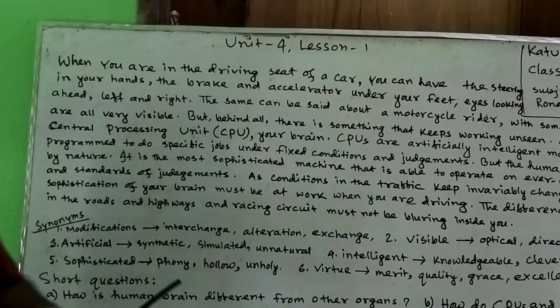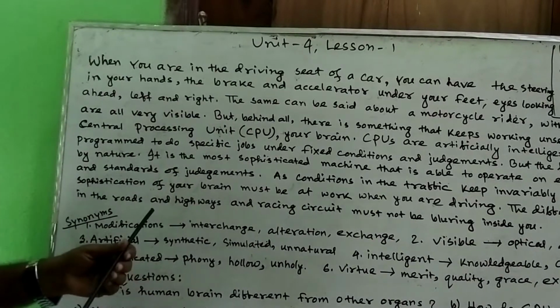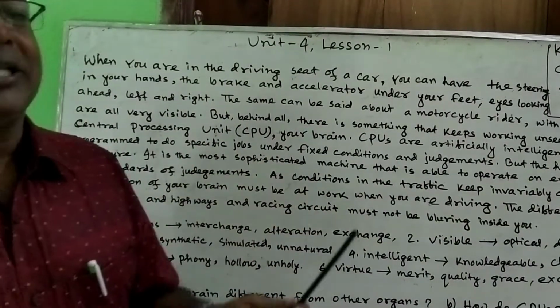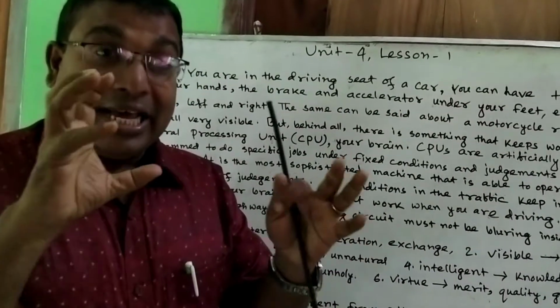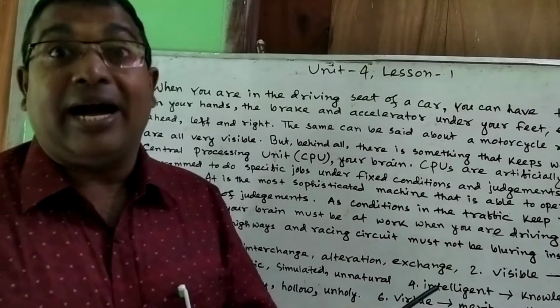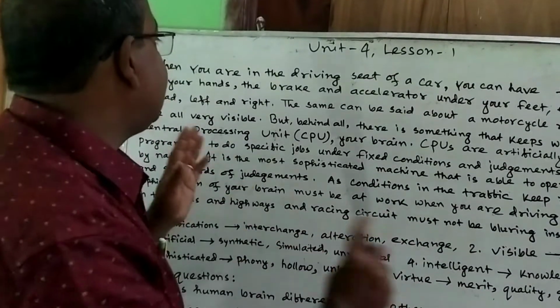That means when you are in the driving seat of a car, you must have some essential things that are required to control and to drive a car. The first thing is steering.